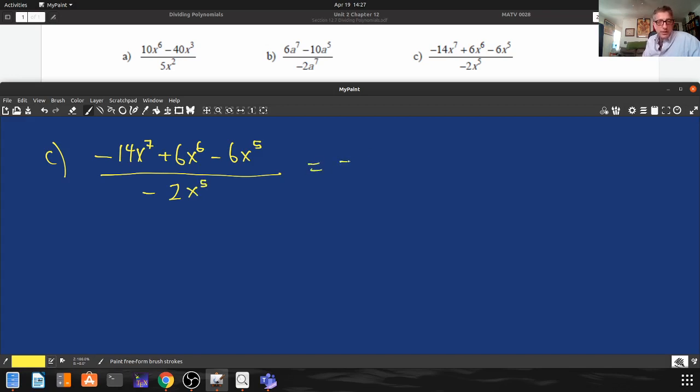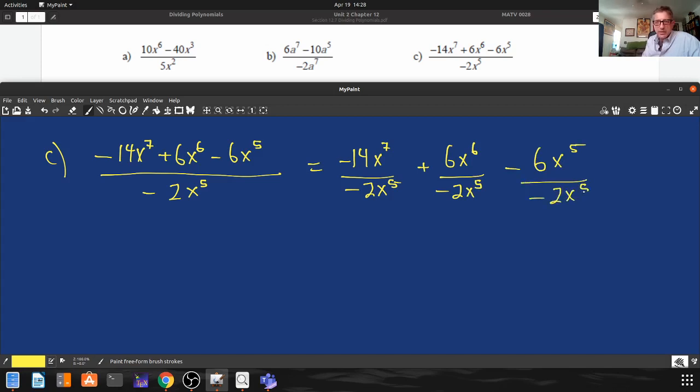So the first is minus 14 x to the 7th divided by minus 2 x to the 5th, plus 6 x to the 6th divided by minus 2 x to the 5th, and then minus 6 x to the 5th divided by minus 2 x to the 5th.